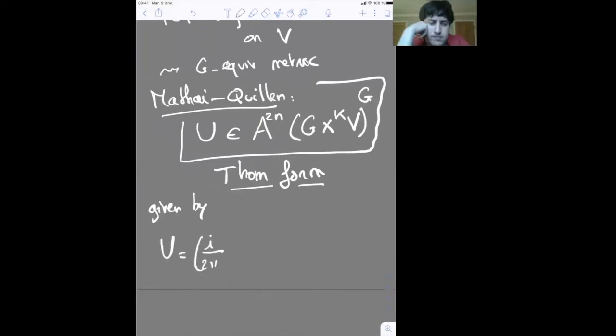It's a Thom form, but as I said, it's not a compactly supported form because this is not very canonical. Once you fix a metric on the fiber, you can consider the corresponding Gaussian function, and so it will be a form that is rapidly decreasing, like a Gaussian, in the fibers.